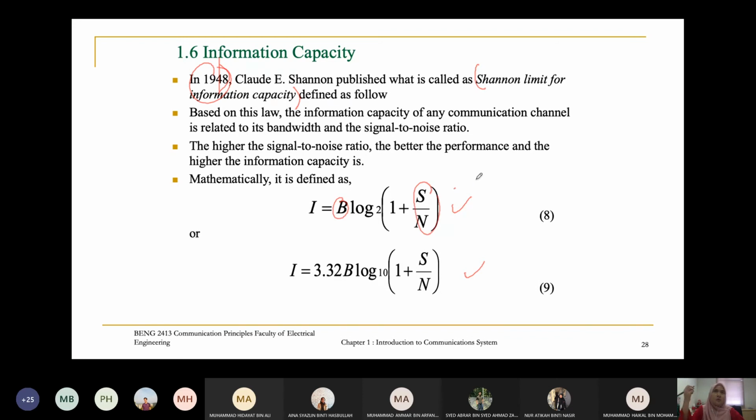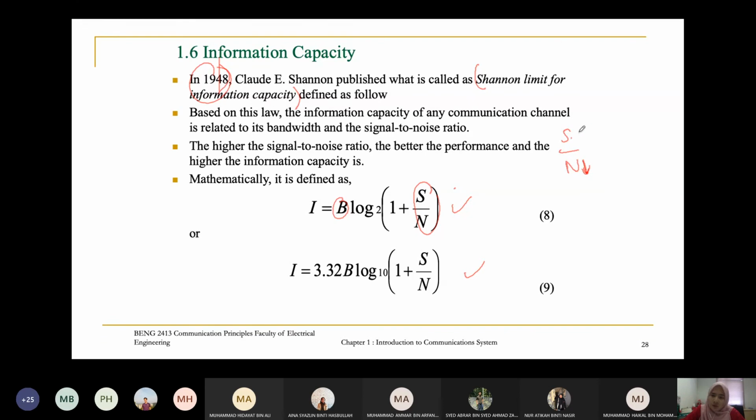I hope that you know what the signal to noise ratio is. The higher the signal to noise ratio, the better the performance and the higher the information capacity. Signal to noise ratio is signal divided by noise. For a good system, of course we want the noise to be small.